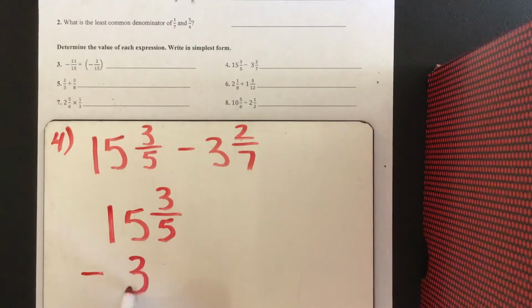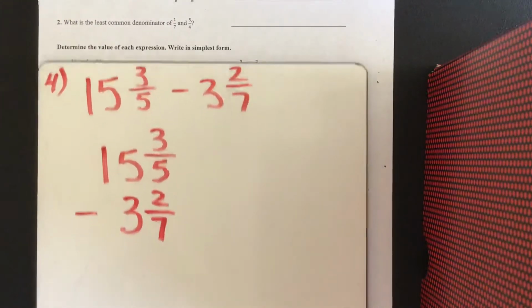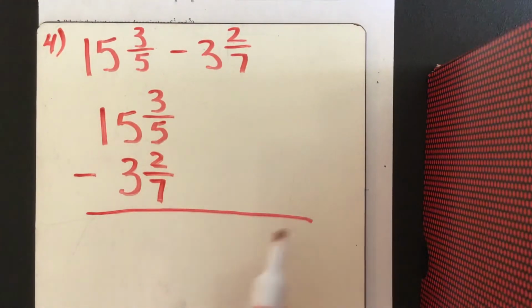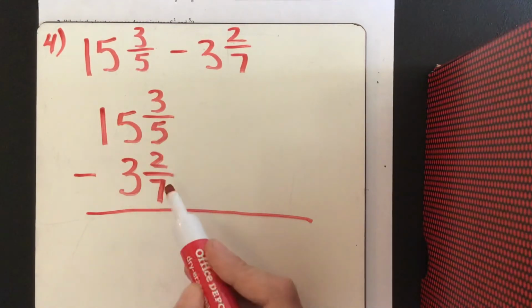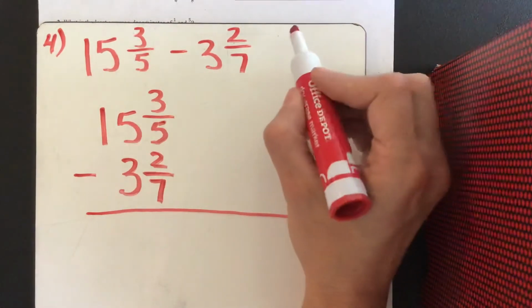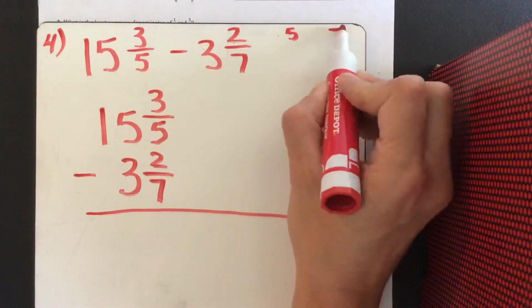So I'm going to line it up like this. Okay, and my very first step says to find a common denominator. 5 and 7 aren't common denominators, so I have to find my least common denominator. So I have 5 and 7 here.